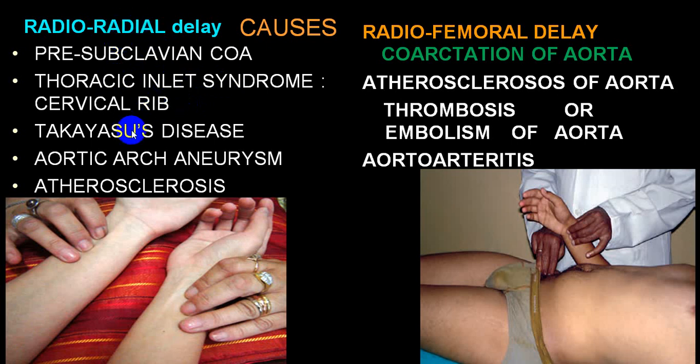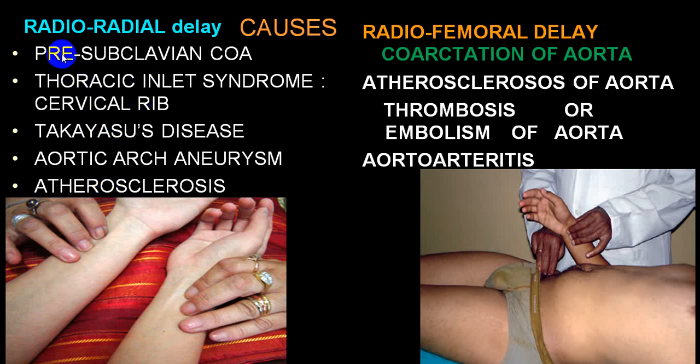In Takayasu, if it is unequal involvement, you can have a little delay. In arch of aorta aneurysm, you can have a little delay. And if there is an atherosclerotic occlusion, usually we don't get delay, but we get a diminished volume pulse. So in these four conditions, you will have more of a diminished blood volume rather than radial delay.